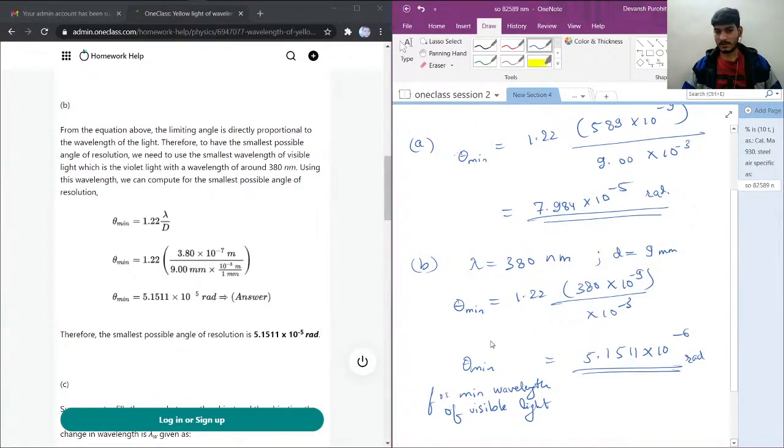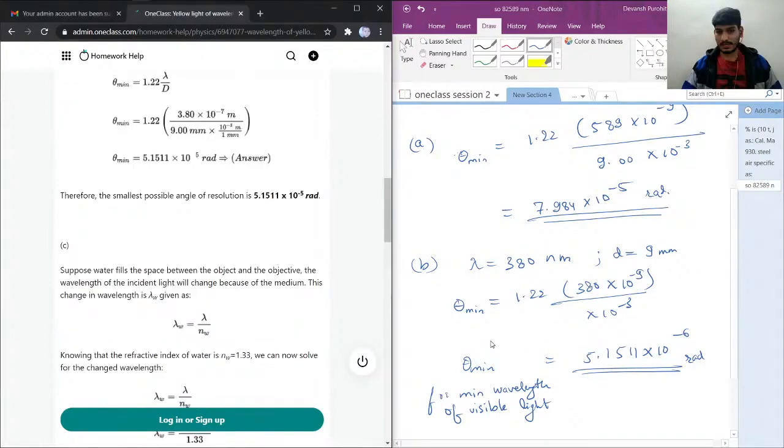So again, the solution given by junior tutor is correct.